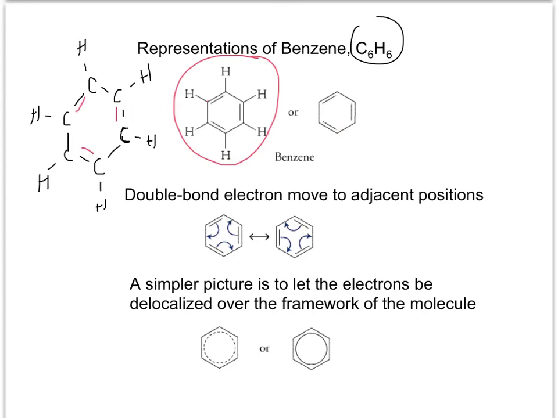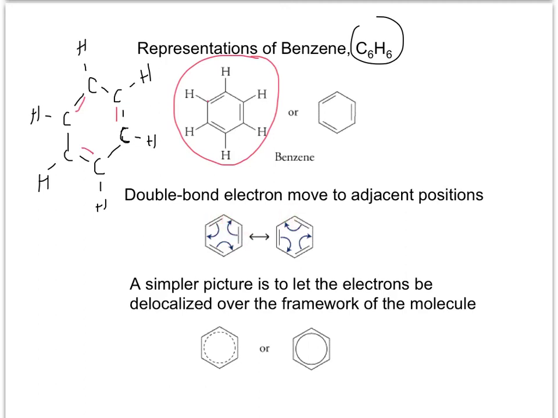Now, this next part shows something that you haven't seen before, so you've got to stare at it a little bit. But the idea is that the double bond in one instant is here, and then in the next instant it kind of hops over to this position here. So this double bond is the same as that, and then that electron pair moves over here, and a new double bond is established.